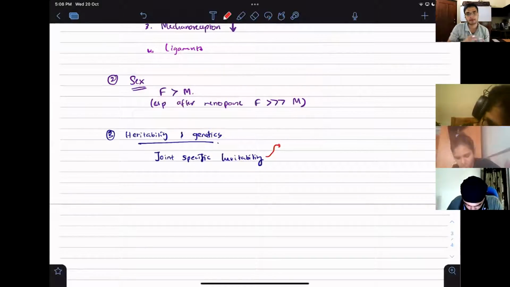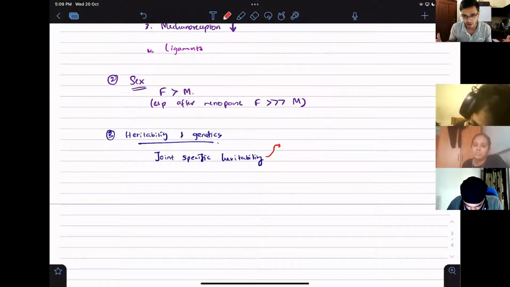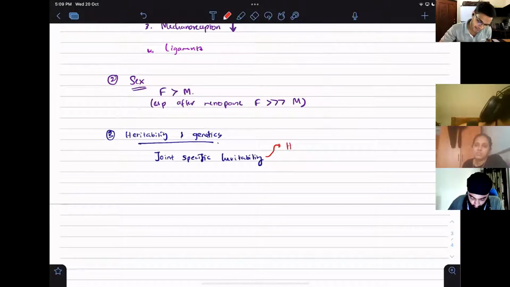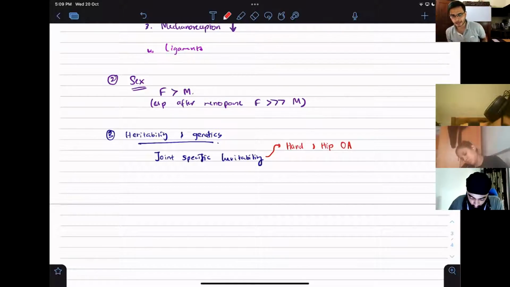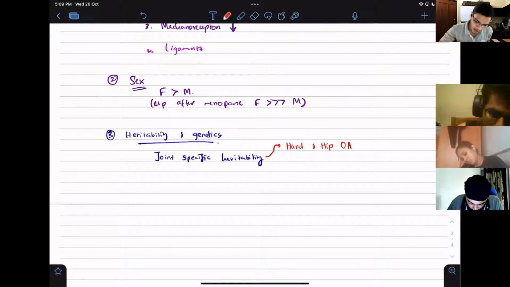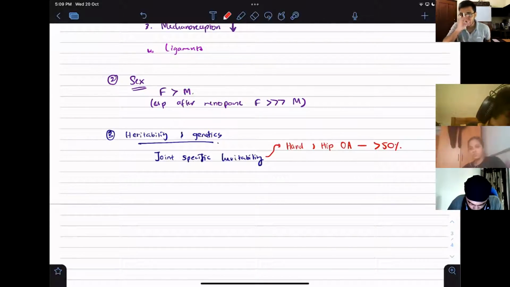If you look at the general community, let's say you are doing a research project about osteoarthritis, and you collected a large sample of people with various types of osteoarthritis. If you look at hand and hip osteoarthritis, more than 50% of them will have an inherited background.